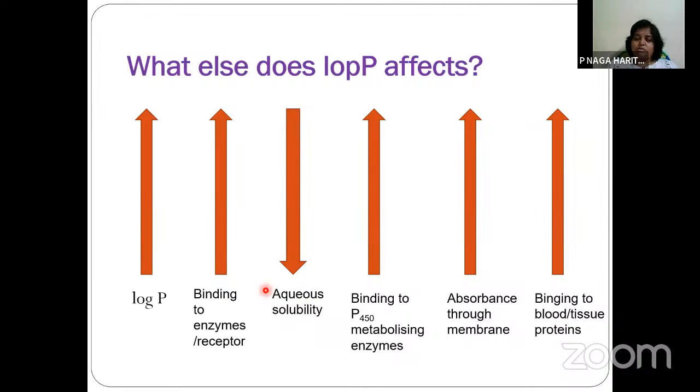More aqueous solubility, less log P; more log P, less aqueous solubility. As I said, it is completely like rivals. So other than solubility, all other parameters increase with an increase in log P value.